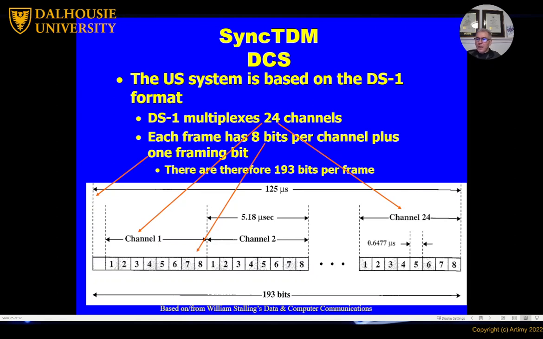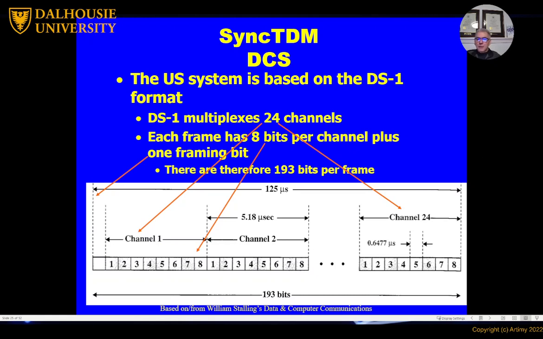Now remember, we have to sample each voice channel at exactly 8 kilosamples per second, right?